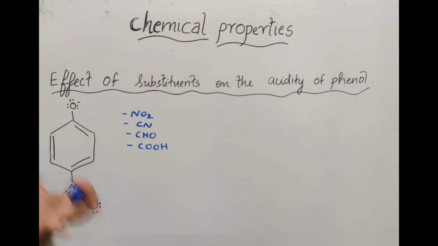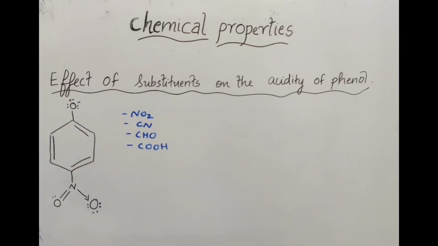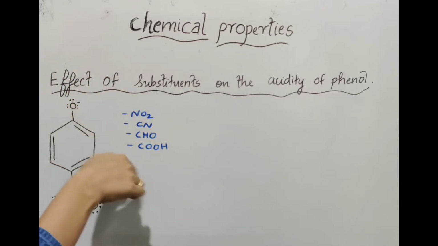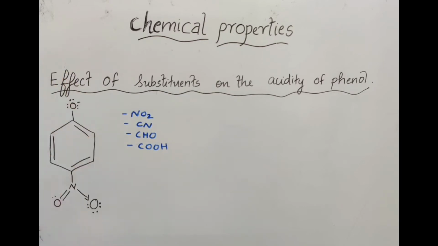The presence of electron withdrawing groups such as NO2, CN, CHO, COOH enhances the acidity of phenol. That is, the presence of these electron withdrawing groups increases the acidity of phenol. How? Can you guess how it is increasing the acidity of phenol?